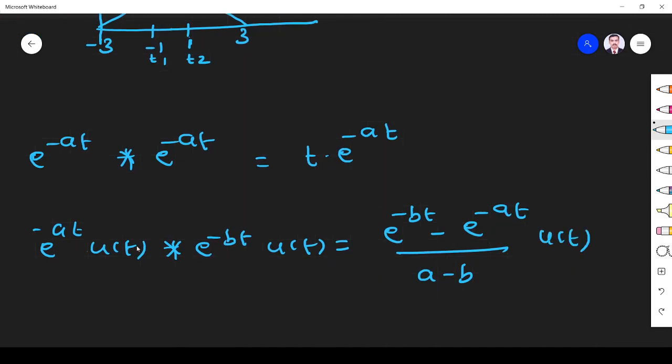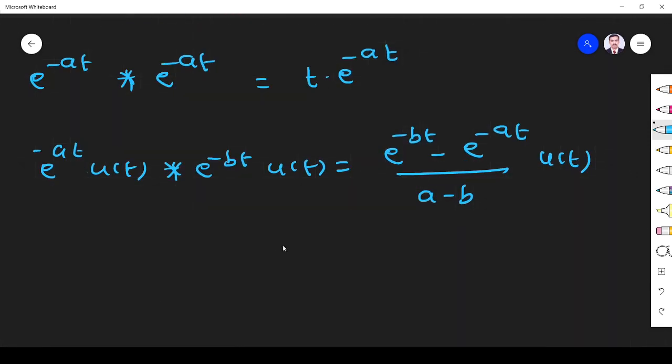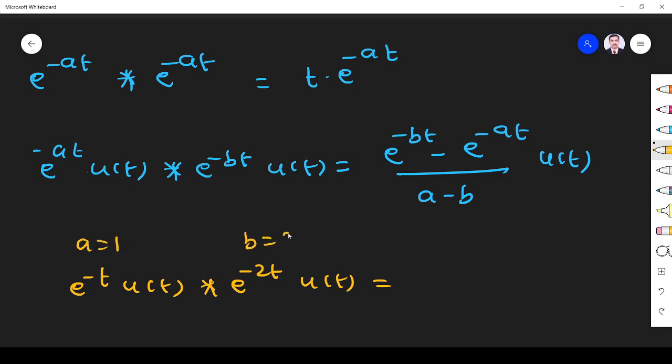Right? So e power minus a, this is the answer. Suppose for example if they give a question like this, what is the convolution between e power minus t u of t star e power minus 2t u of t? Here a is equal to 1, here b is equal to 2.